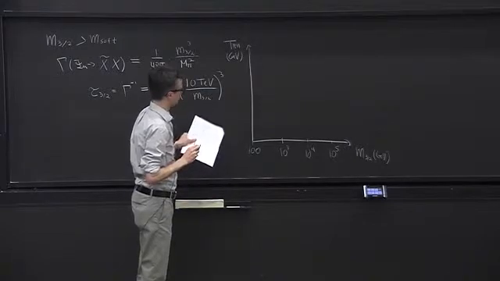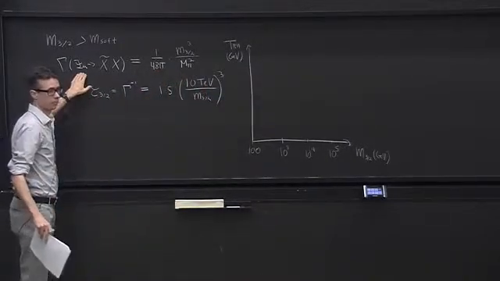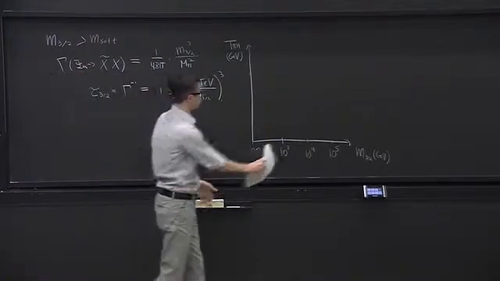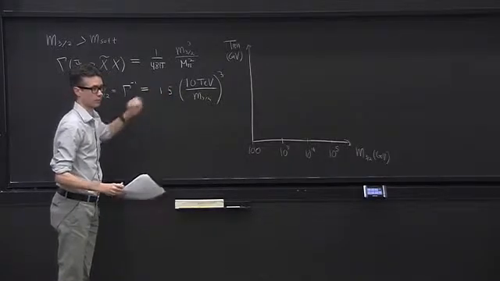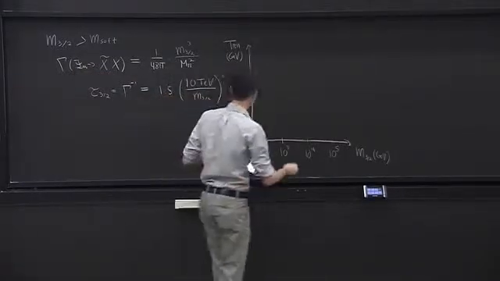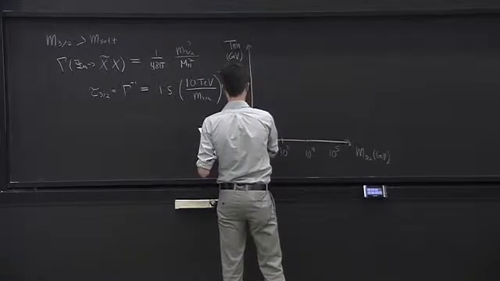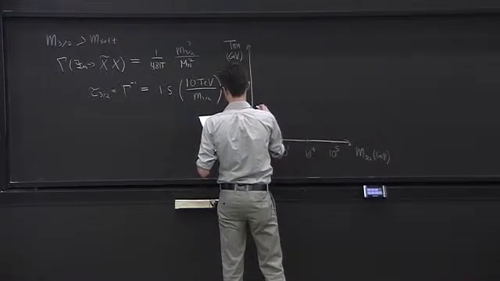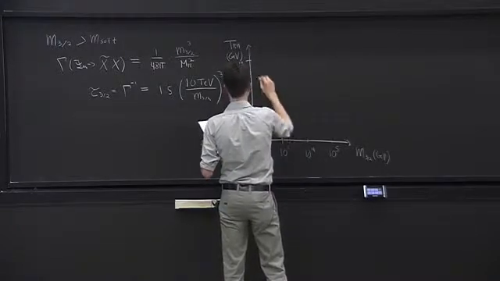The point is the larger the reheating temperature, the larger the initial gravitino abundance. And also, the smaller the gravitino mass, the later the decay happens, and typically the more damage you do to nucleosynthesis. I have a nice diagram in my notes, where the reheating temperature starts at 10 to the 6 GeV and goes up all the way to about 10 to the 10 GeV.